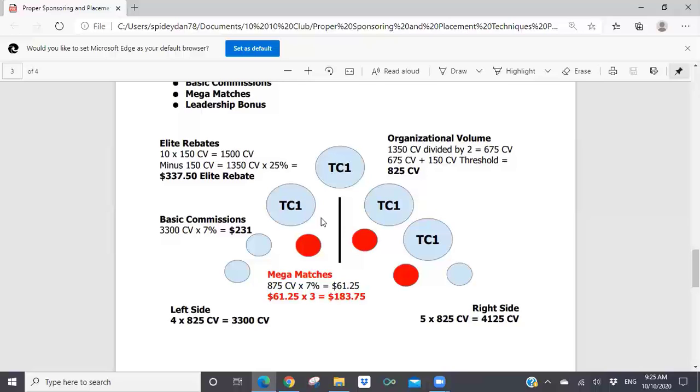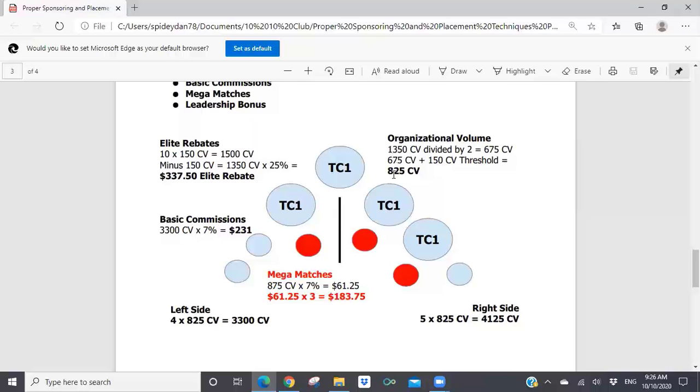Now, if I'm helping all my personally sponsored active distributors that are the TC1s, and they're helping the people that they sponsor be active distributors, building their customer base to 10 customer orders on a monthly basis, then they're creating what's called organizational volume. How much organizational volume?